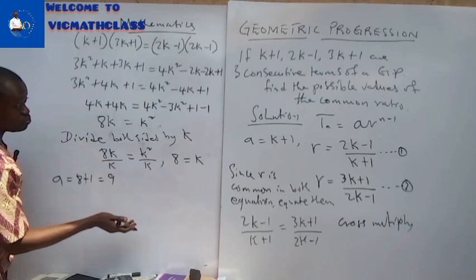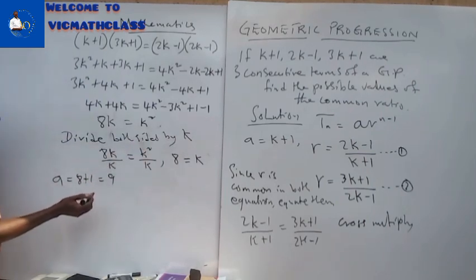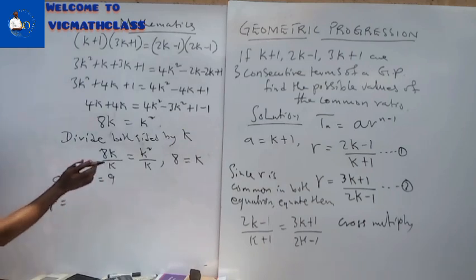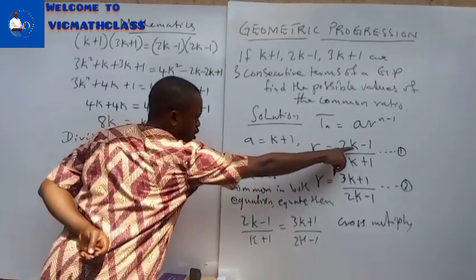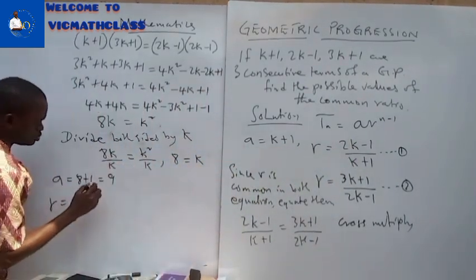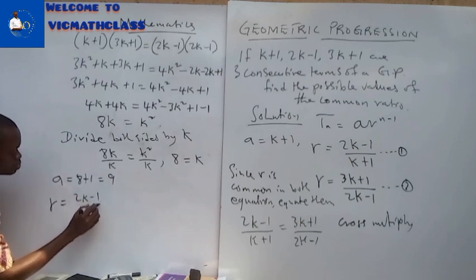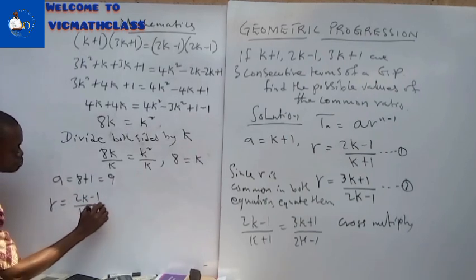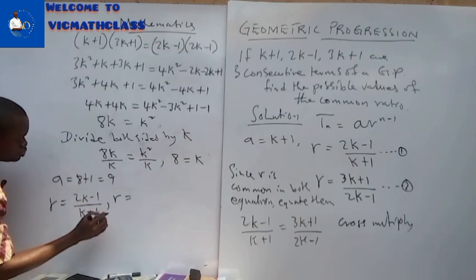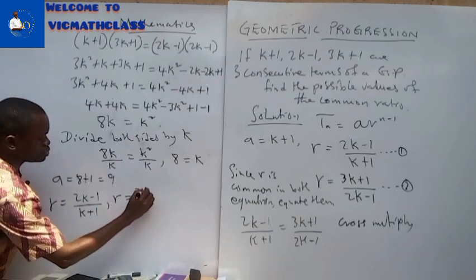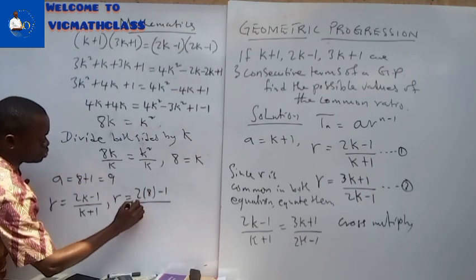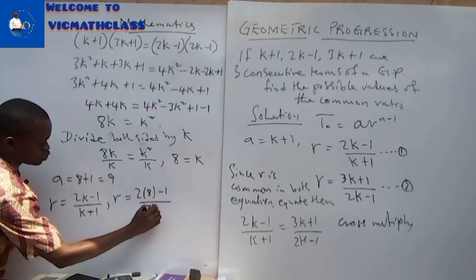So they say find two possible values of the common ratio. So the common ratio R, from equation 1, is 2k minus 1 all over k plus 1, which will become R equals 2 in bracket 8 minus 1 all over 8 plus 1.